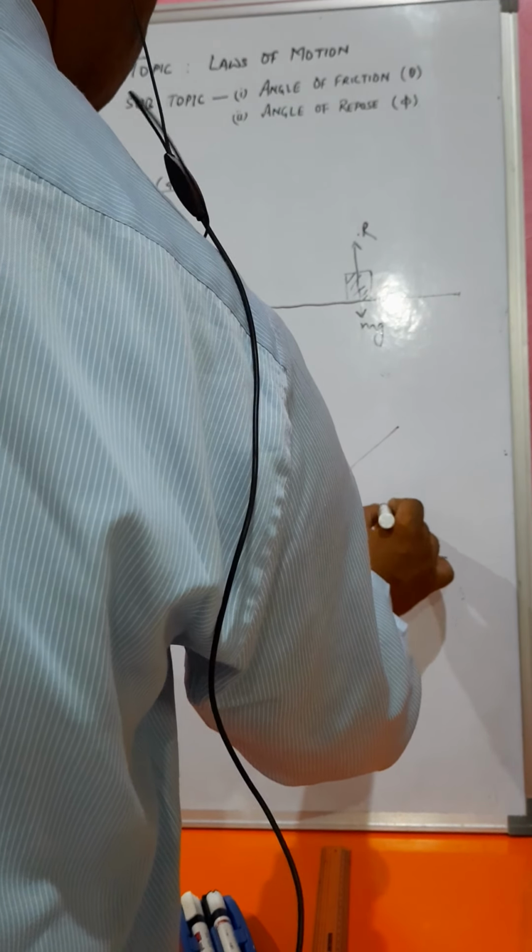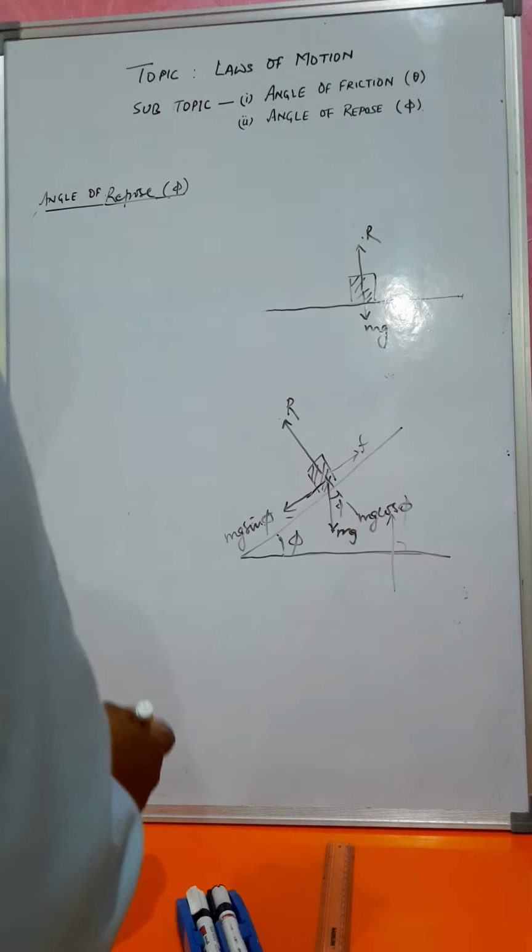That means as we increase the angle a little further than this angle phi, the body will start moving due to the resultant force, mg sin phi minus f, that will be the net force acting in the downward direction. It will start sliding down the inclined plane or this surface.